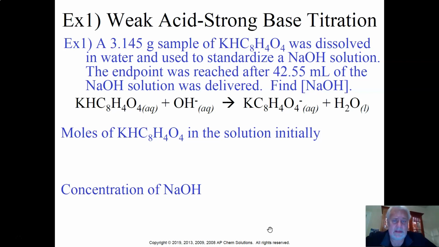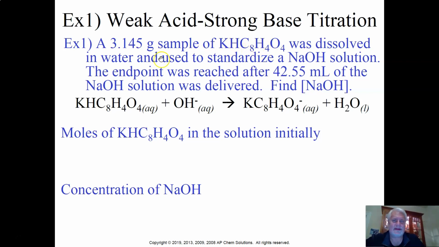As we talked about, it probably gets a little bit trickier with a weak acid, strong base titration. This is a common acid that is used. The name is escaping me now. Sorry about that.